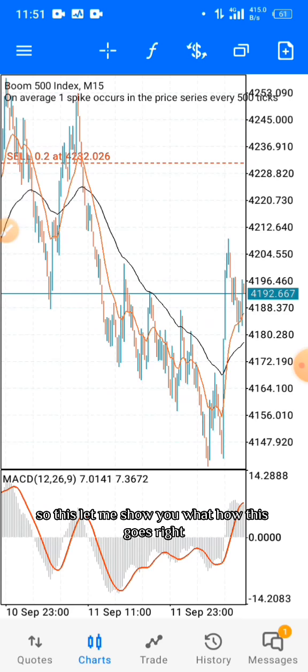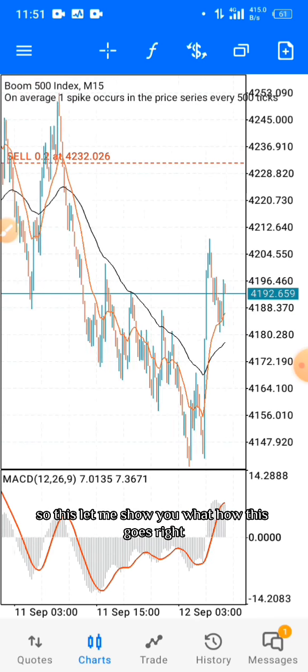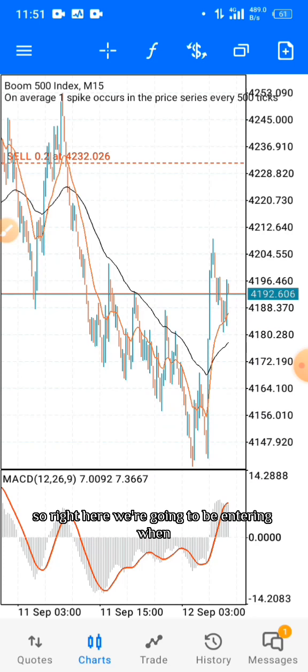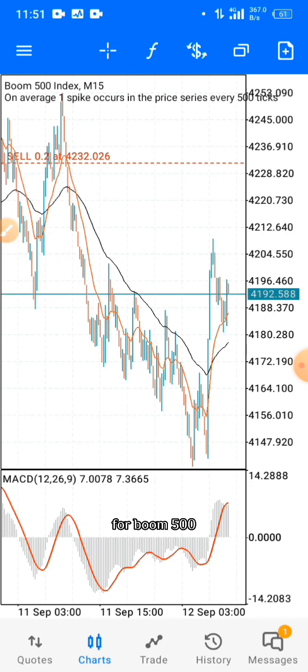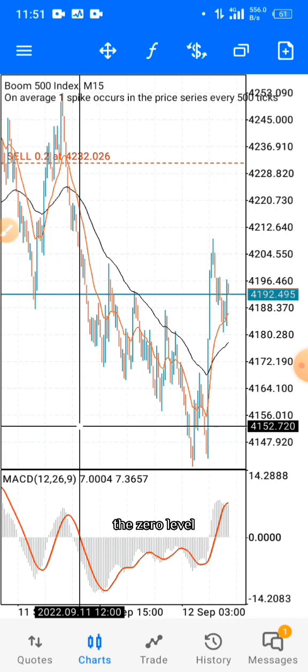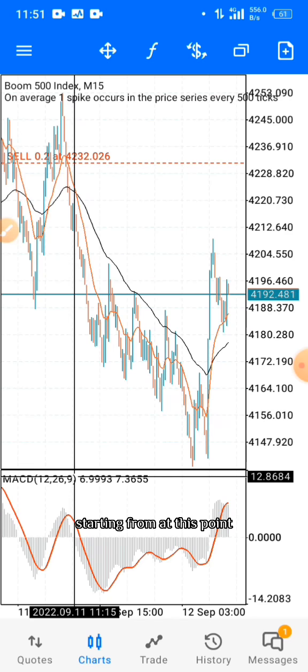So let me show you how this goes, right? Right here, for Boom 500 in this example, we're only looking for sales, right? The MACD histogram was below the zero level, starting from this point right there.